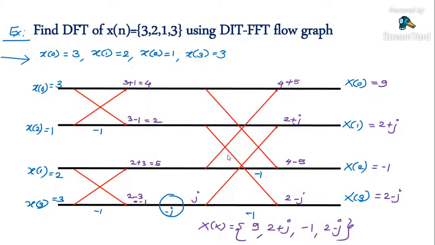So this is the specialty of FFT. In computers, whenever you are going to do any DFT calculation, the computer is using FFT algorithms, not DFT algorithms, for faster calculations. So this is the 4-point DIT FFT flow graph.